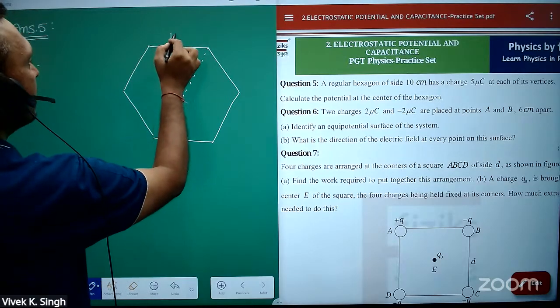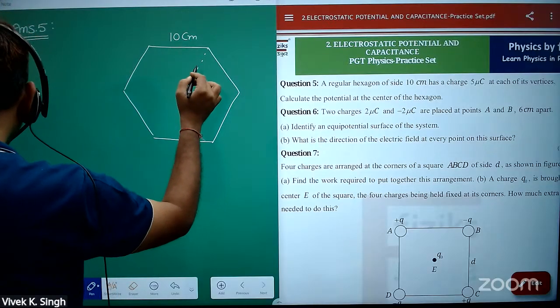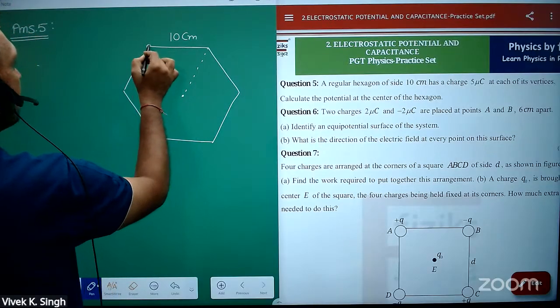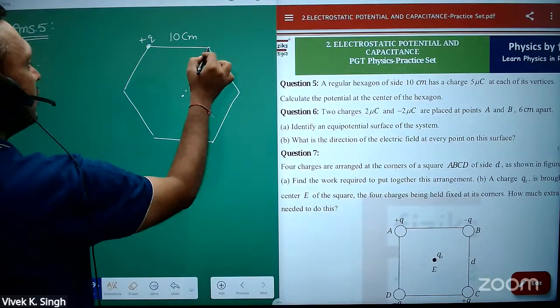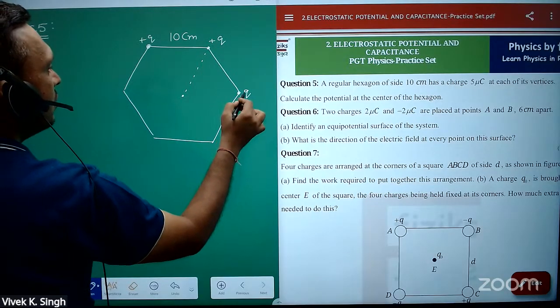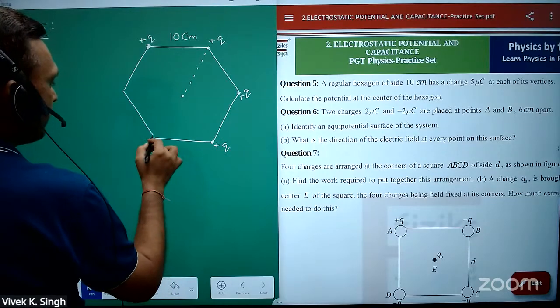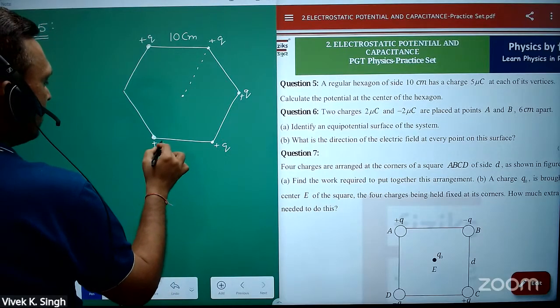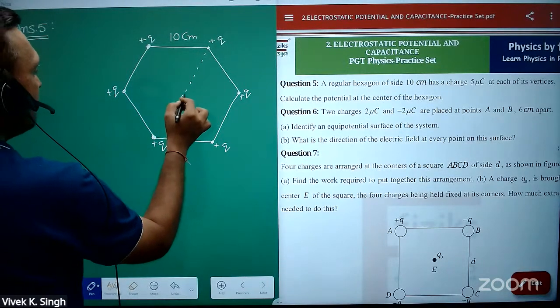This is 10 centimeter, and this will also be 10 centimeter. And each vertex has plus Q. This will be the center.